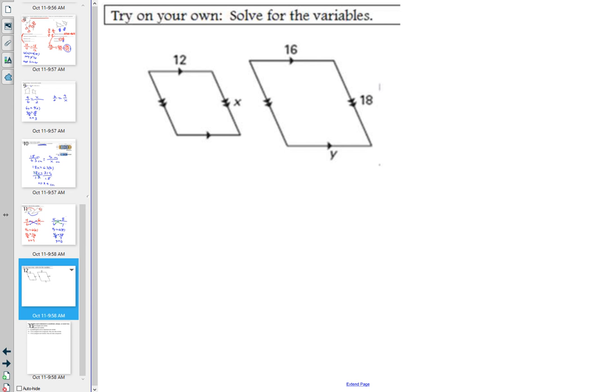Somebody give me Y. Somebody else. It's a trick question, but it's not even a trick question. It'll take you about half a second to find why. 16.